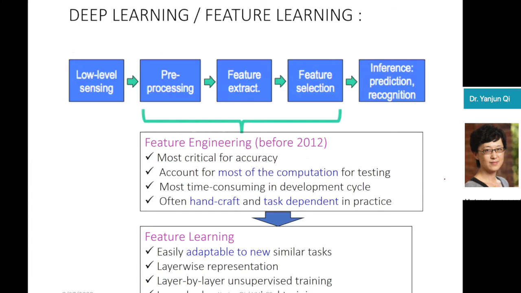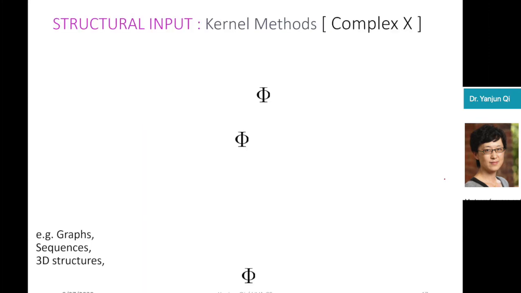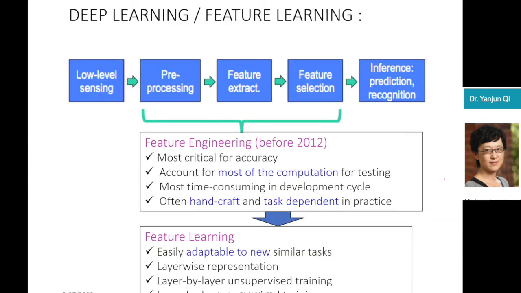Then people shifted from feature engineering to feature learning. Before 2012, in the ImageNet challenge, the majority of the time spent by applied machine learning scientists was on designing domain-specific features, which were mostly handcrafted and task-dependent.